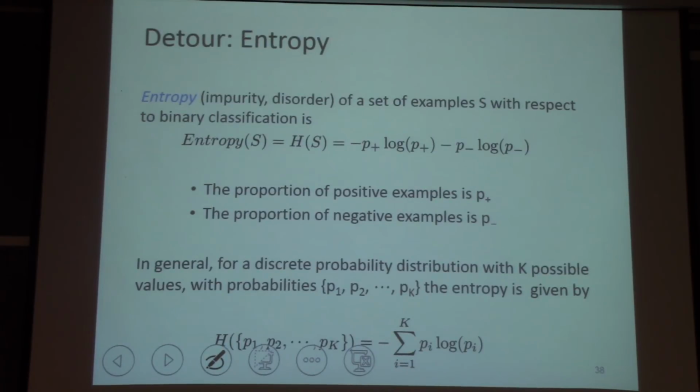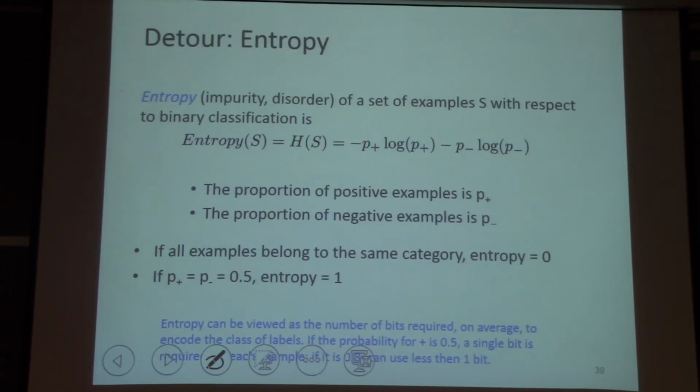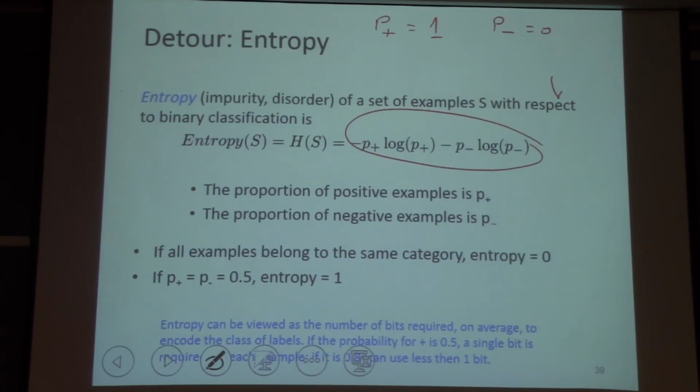And to see why that works, suppose you have all examples belonging to one label, let's say plus. Then p plus is 1 and p minus is 0, right? And if you apply this definition of entropy, you get the entropy of S is minus 1 log 1 minus 0 log 0.